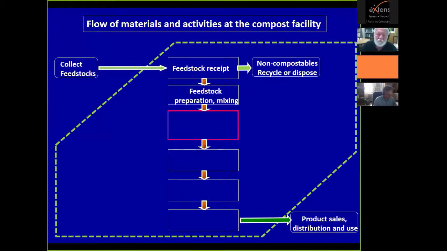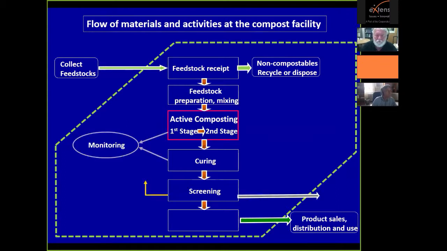We then go through a feedstock preparation step. This could include grinding green waste down to a 2-inch particle size, or it could be that we mix ingredients together in accordance with the recipe for a multi-feedstock type facility. We have our active composting stage of the process.